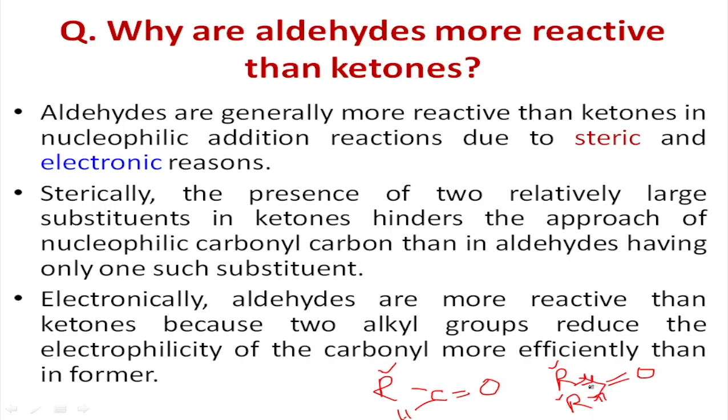So the R groups pump electrons toward this carbon, making it more electron rich, so the electronegativity of carbon and oxygen becomes comparable. The polarity decreases, so it becomes less reactive, and the nucleophile attacks less easily. Because of this it becomes less reactive than the aldehyde.